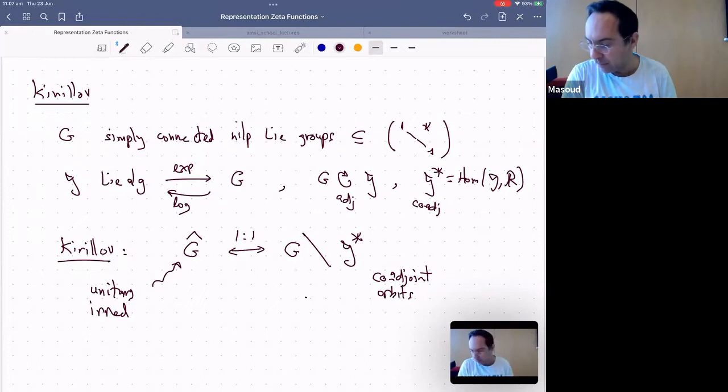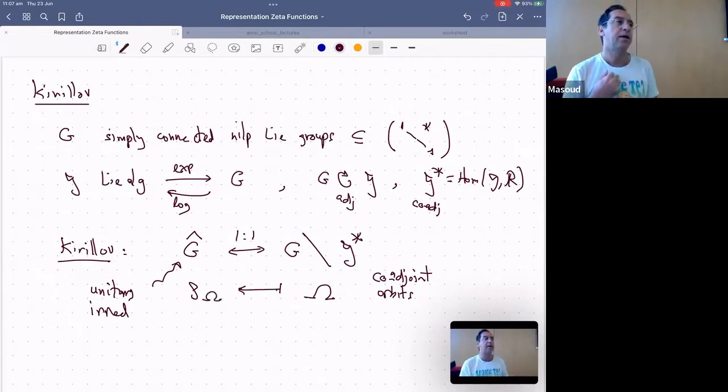And so let's denote by, if you have here an orbit omega, it will map to a representation rho_omega, and I'm going to construct this representation now.